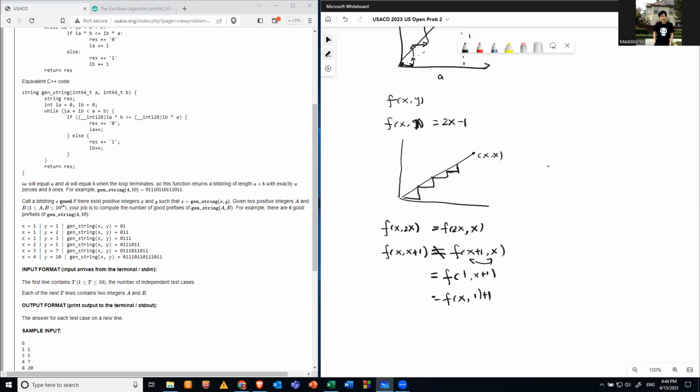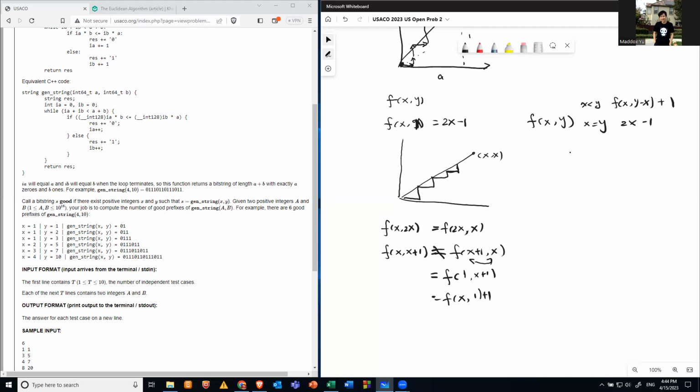This makes me guess f(x, y): when x is less than y, that's equal to f(x, y minus x) plus 1. When x equals y, I know that is 2x minus 1, right?